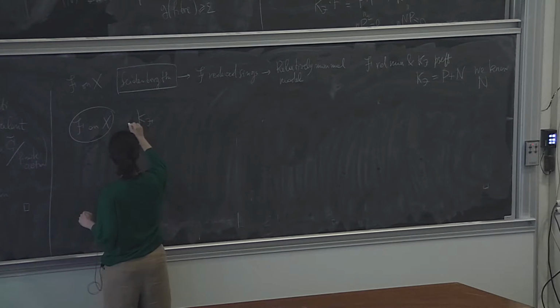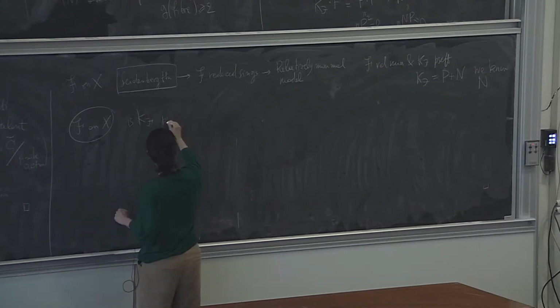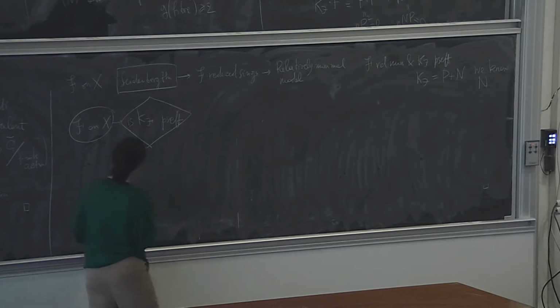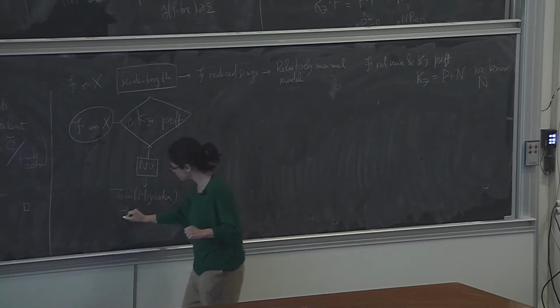And we ask if it's pseudo-effective. So if it's not pseudo-effective, then we have this theorem by Miyaoka saying that F is a rational fibration.